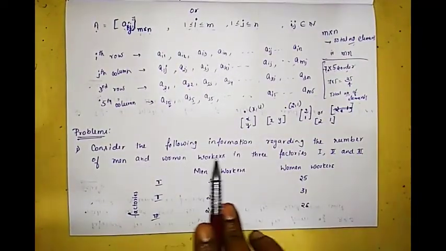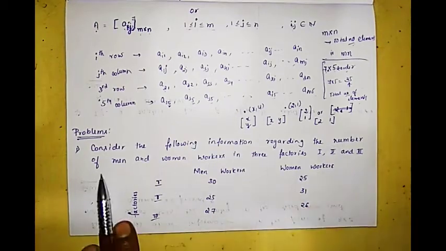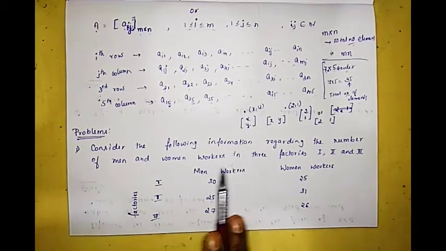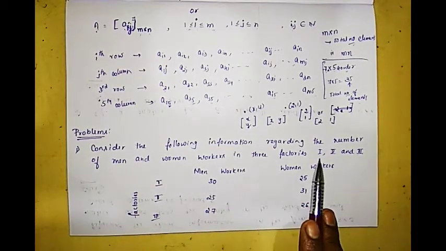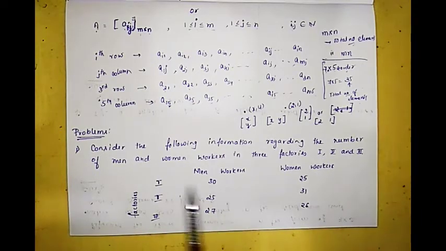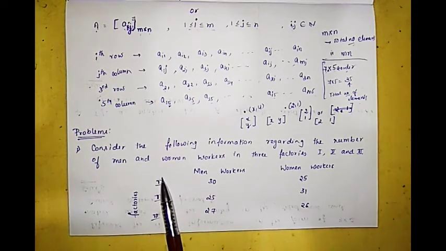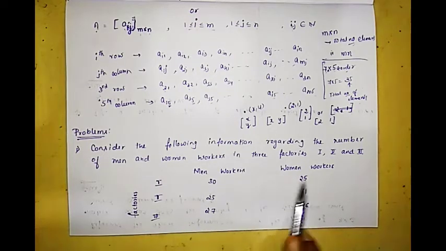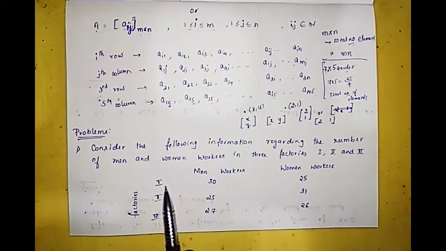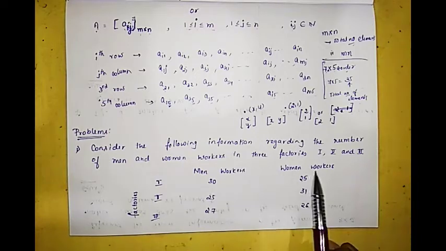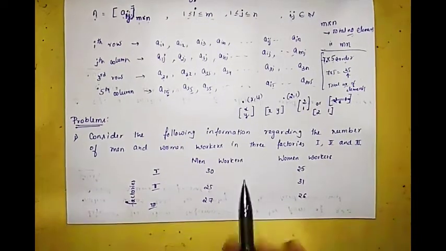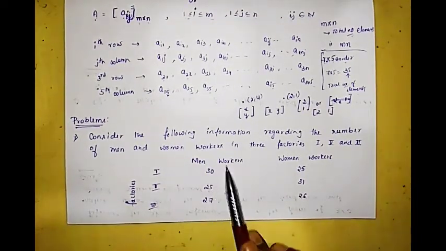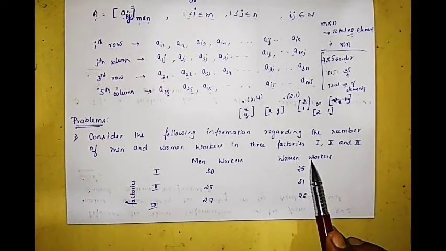Problems. Consider the following information regarding the number of men and women workers in the 3 factories 1, 2 and 3. It mentions that there are 3 factories, factory 1, factory 2, factory 3. In that, each factory contains men workers and women workers. This data gives that in factory 1 there are 30 men and 25 women workers, and in factory 2 there are 25 men workers and 31 women workers.